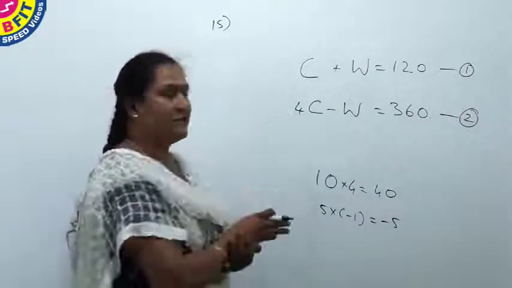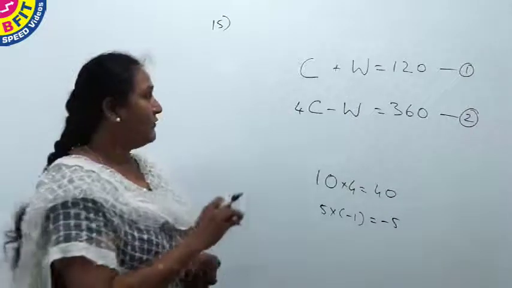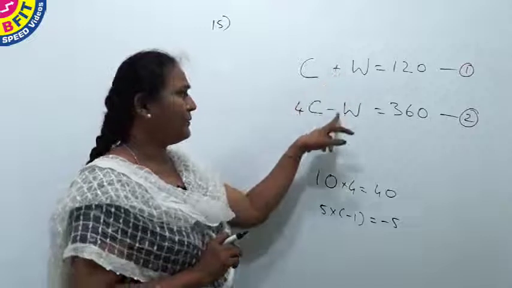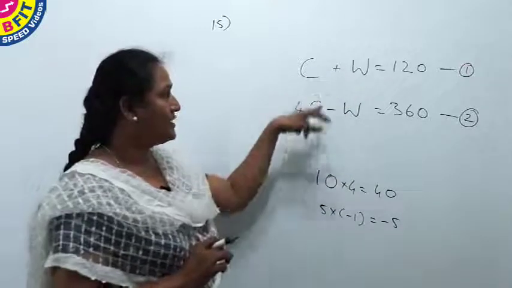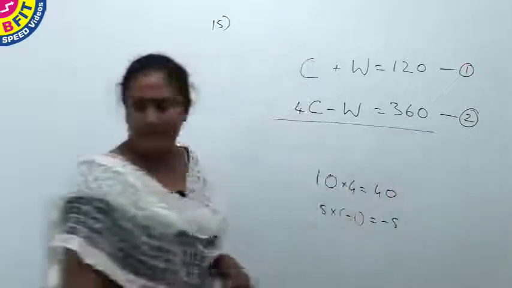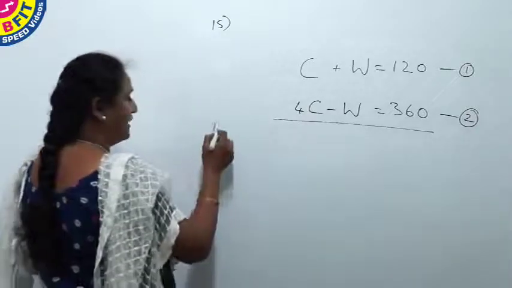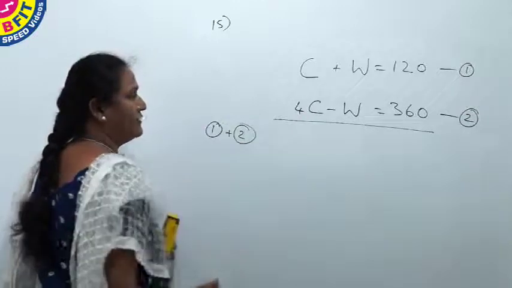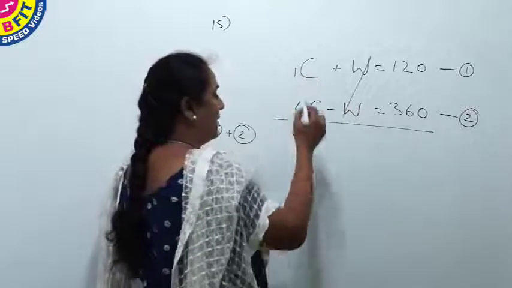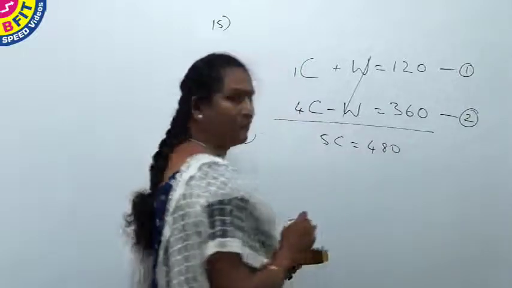So we'll solve this by the elimination process. By elimination process, we have to check if the coefficient of any one of the variables is the same. Here, for W, the coefficient is the same, and both have different signs. So we just add the equations. By adding the first equation and the second equation, W and minus W get cancelled, and we have 5C equal to 480.